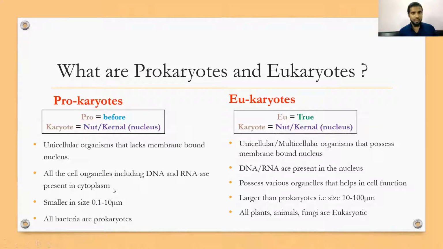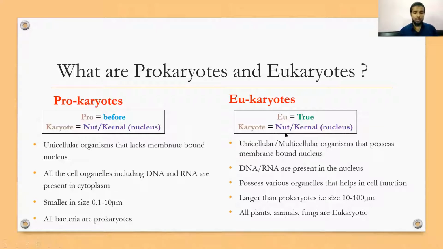As I have just said, there is no nucleus present, therefore the genetic material such as DNA or RNA is present within the cytoplasm. And these are very small in size, 0.1 to 10 micrometer. All bacteria are prokaryotes.